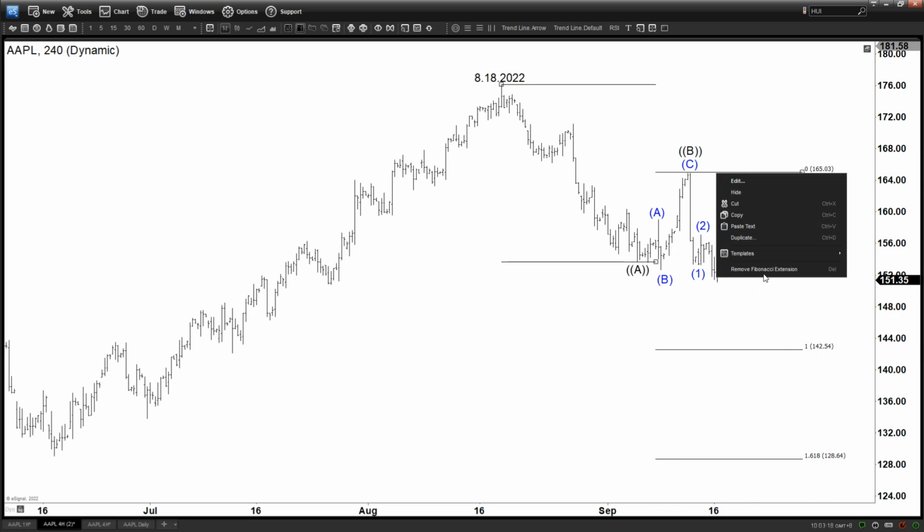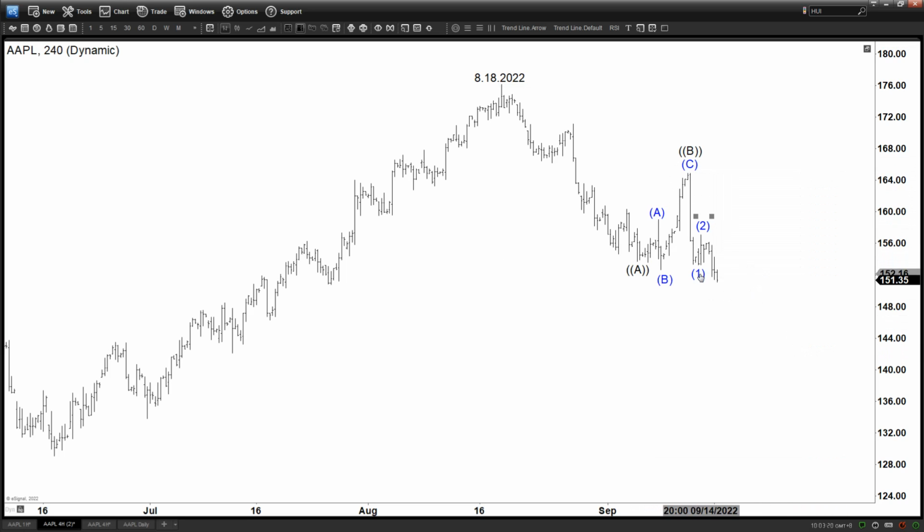Now if you look at it from the shorter cycle, which is this 1 2, right? If you just simply measure the extension, typically wave 3 can go to 1.618, but let's just assume the minimum that we might expect for wave 3 move, which is the 100%, right? So it can go to 145. So it depends on your time frame that you're looking at.